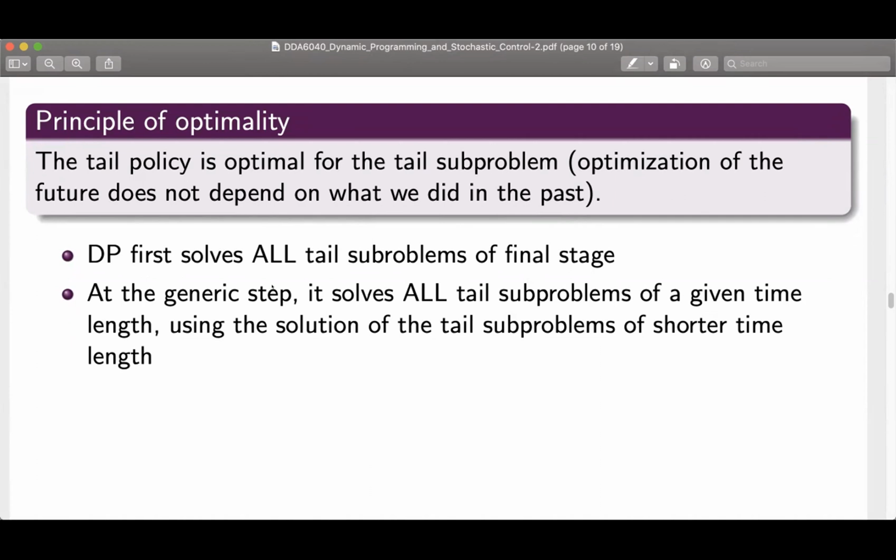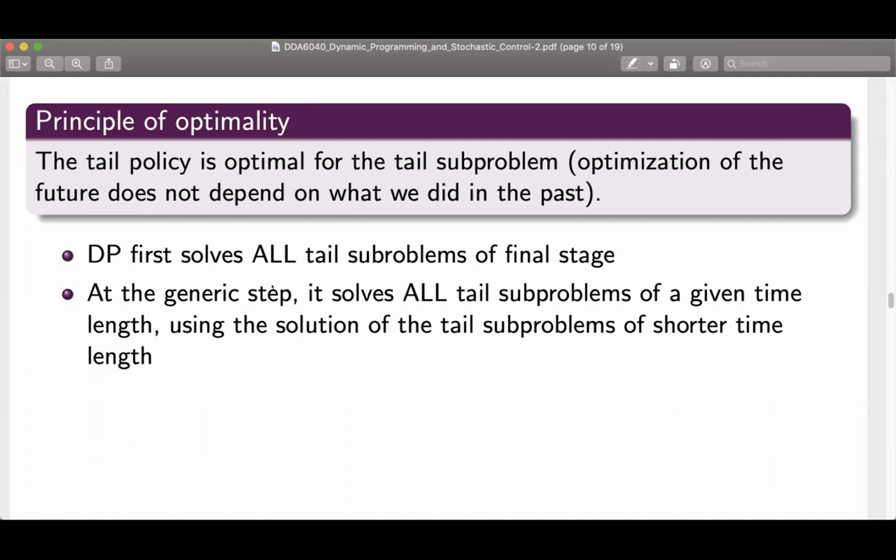Then it moves backwards and solves the tail problem consisting of the last two stages, and so on and so forth, until it includes the whole stage.